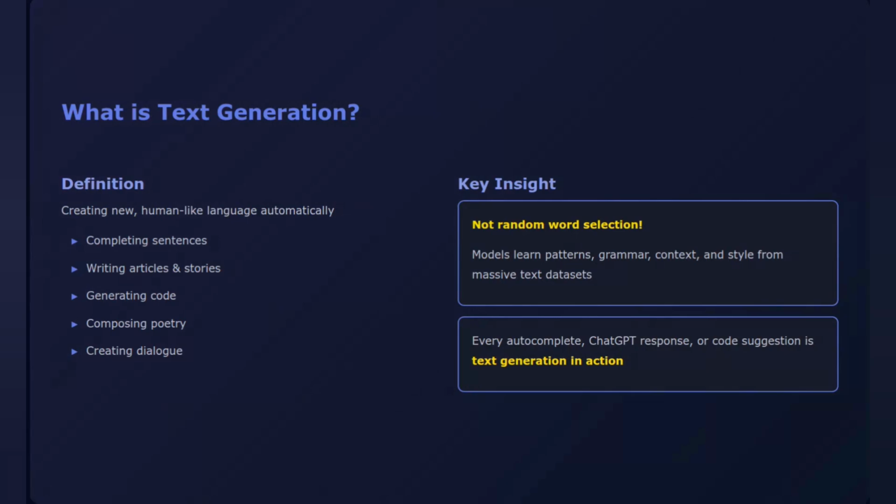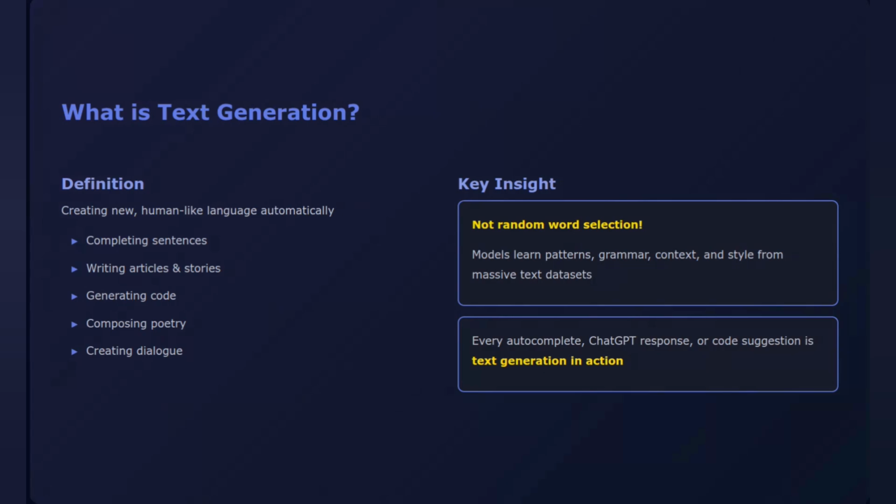At its core, text generation means creating new human-like language automatically. It could be completing a sentence, writing an entire article, generating code, composing poetry, or even creating dialogue for video game characters. The key thing to understand is that modern text generation isn't just random word selection.